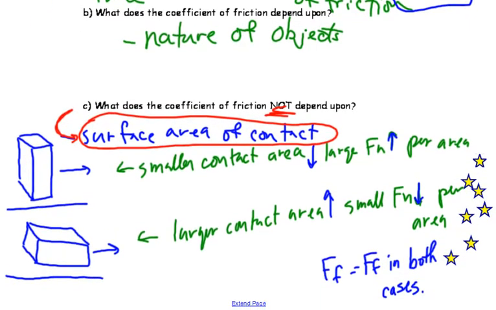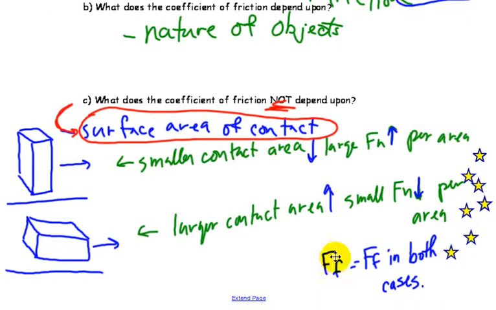Now, some things that friction does not depend upon. If you have an identical object, and you orientate it this way or another way, the surface area of contact has no difference because it's the same object. So mu doesn't change and the normal force doesn't change, because over here we have a small surface on the table with a large normal force because of all the mass above it, whereas here you have more surface area but a smaller normal force, so it all balances out.